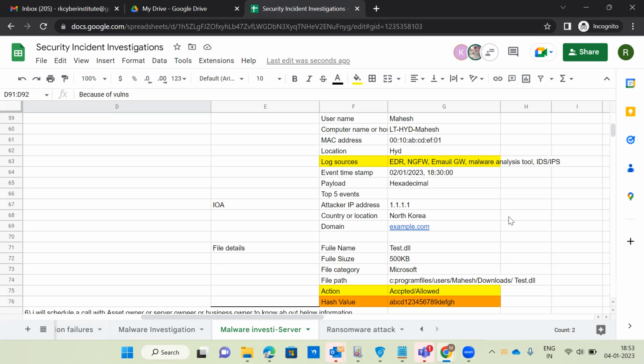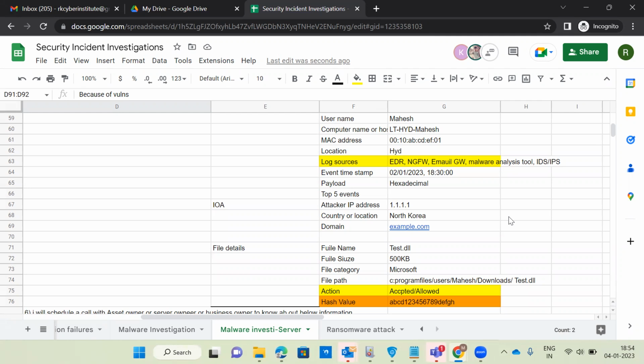One of the Windows admin guys thought to do some updates or configuration in the server. So he went to the server. He downloaded one of the files because it is internet facing. If it's internet facing, then only we can download the file. So he downloaded one of the files to do some configuration in the server.